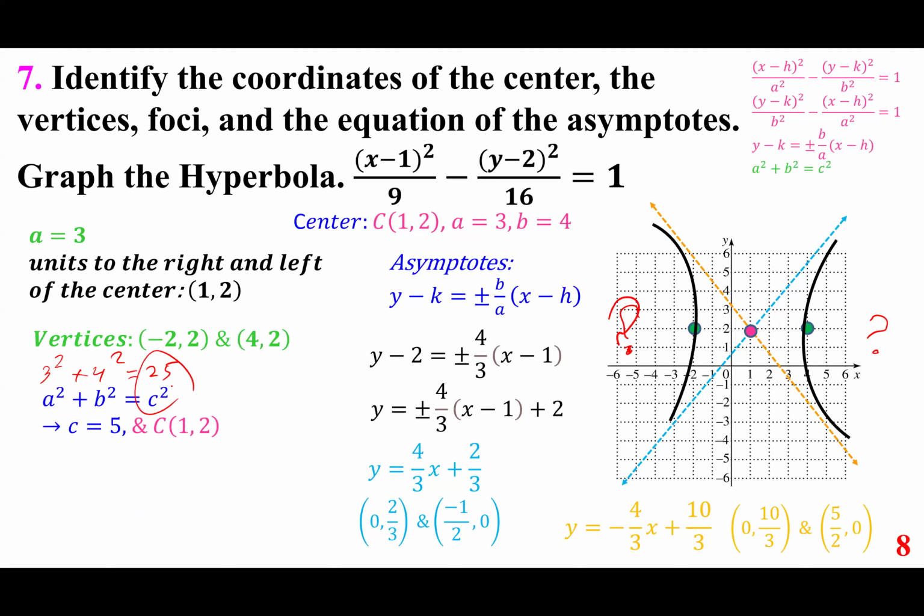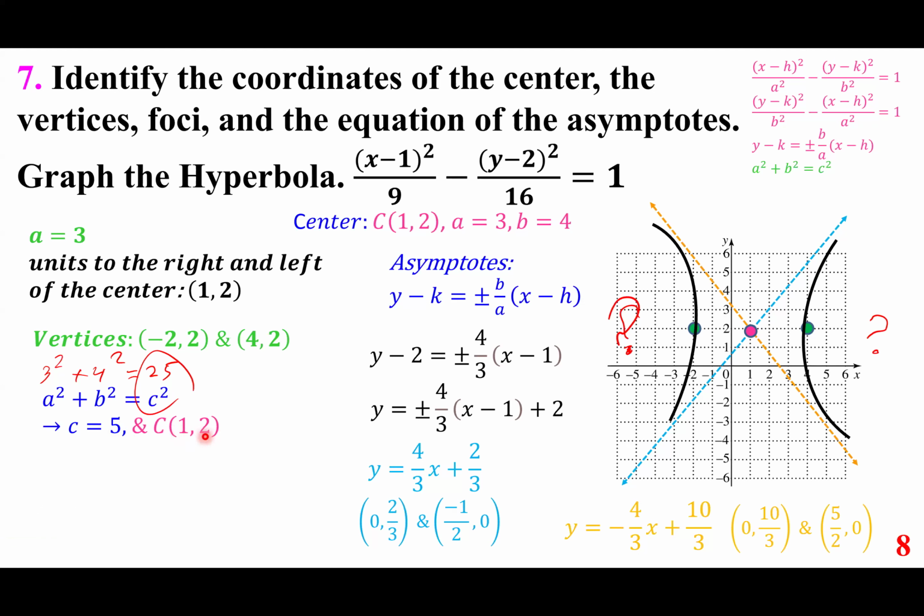So c equals 5. The capital C is the center, everybody. This lowercase c is the distance to the foci. So we're going to start from here, and we're going to go 5 units to the right.